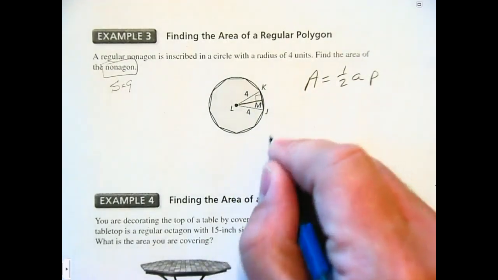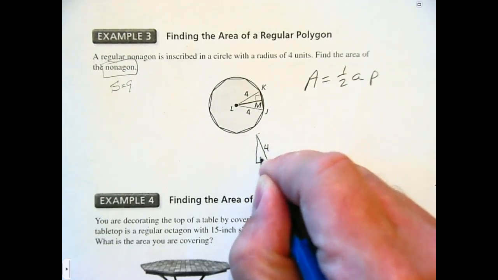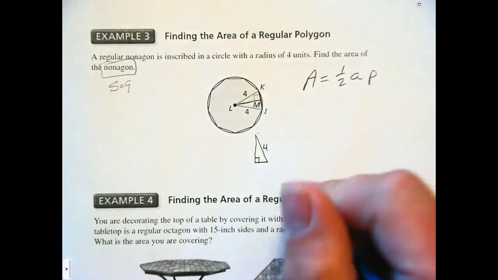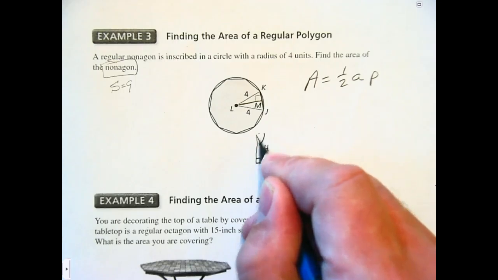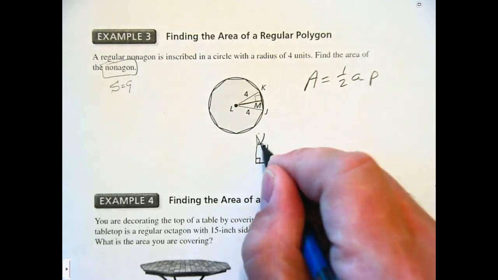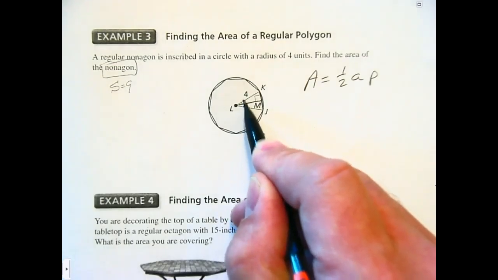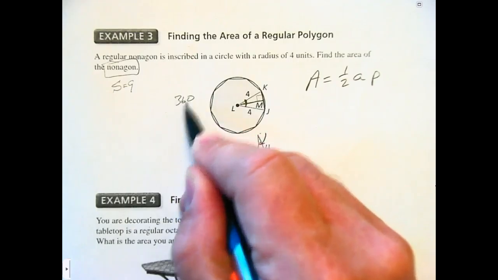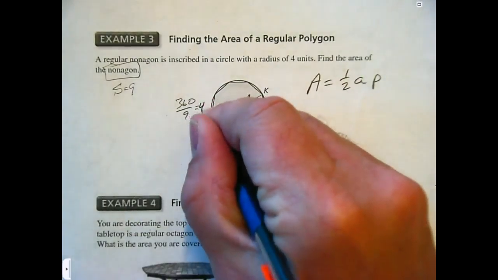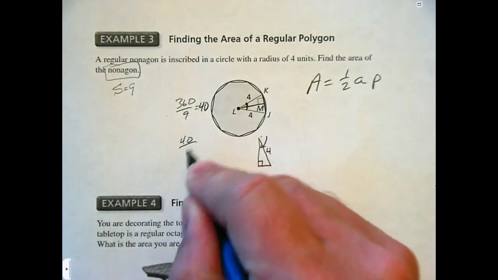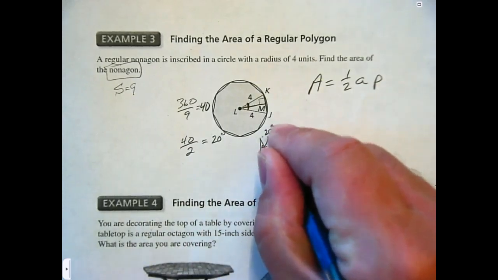So if we look at that triangle and just kind of pull it out there, we have a length of 4, we have a right angle, and if this is 4, and we can find this measure right here, okay, the measure of that angle would be, well, first this whole angle would be 360 divided by 9, which is 40. Good. And then half of that is the 20, and that 20 is this angle right here.